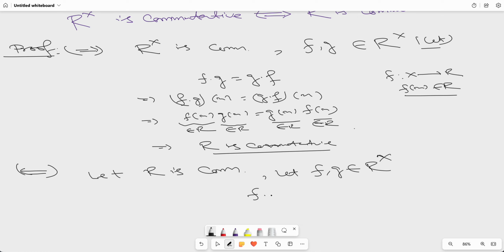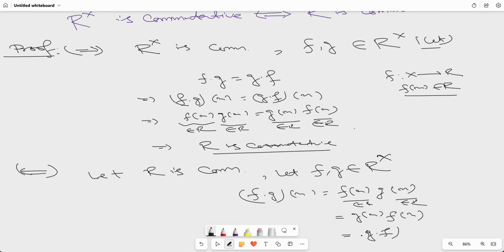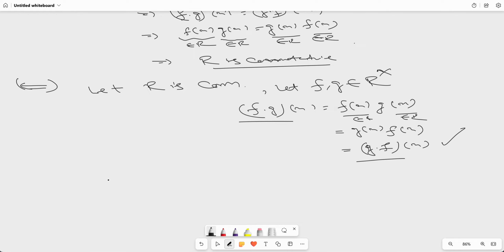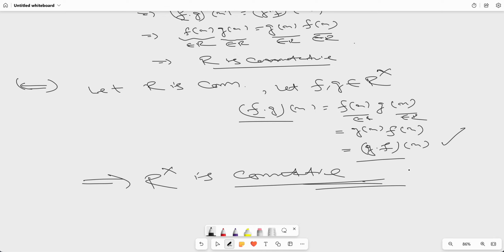So what will be (f·g)(x)? This is actually f(x)g(x), both inside R. R is commutative, so you can write it as g(x)f(x). This is actually (g·f)(x). So f·g = g·f. This implies that Rx is commutative. The proof is over.